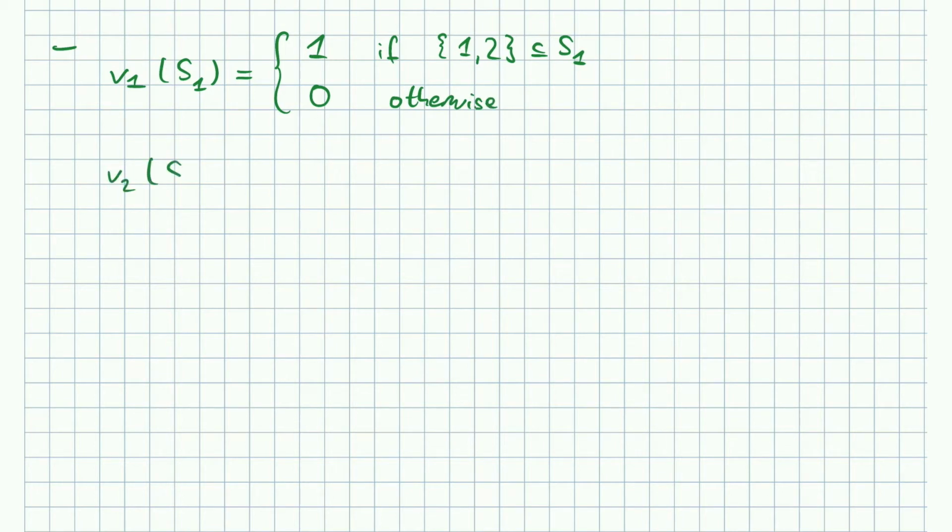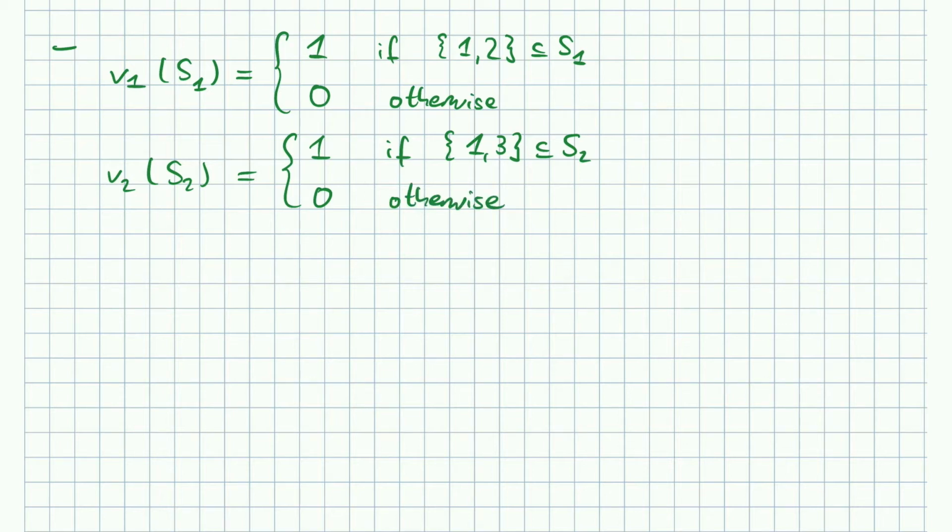Similarly, for the second player, we'll have a value of 1 if this player is getting items 1 and 3 and no value otherwise.